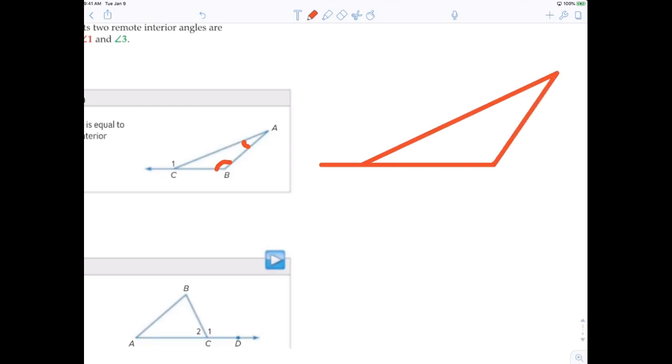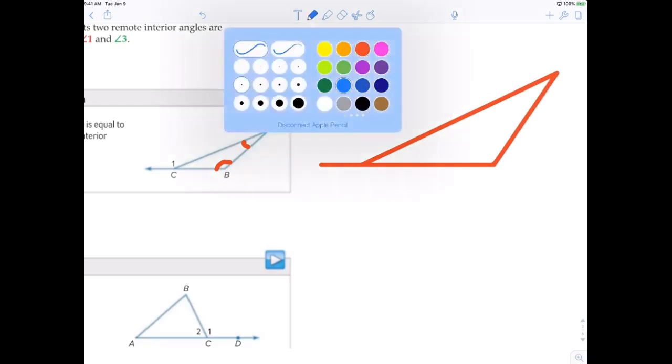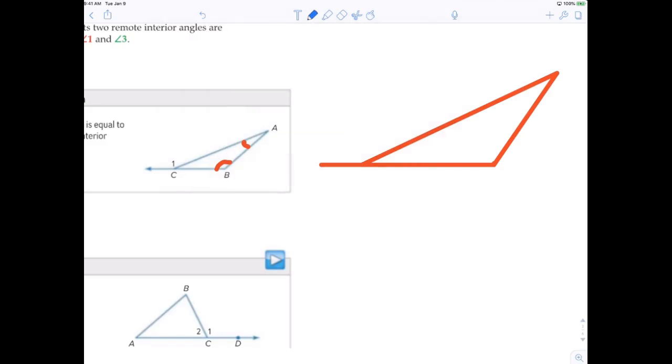Somebody tell me what they think this angle measure is about. Somebody give it a shot. I don't care what. 45. If that's 45 degrees, what's this angle right there? About. What do you think? Like 110-ish. We'll go with 110.